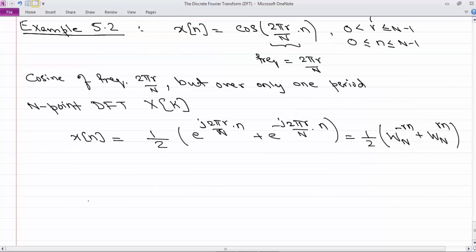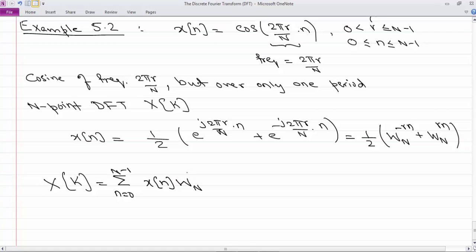And now we can use the DFT expression. So let's now use X of k equals the summation n from 0 to N minus 1, x of n, W_N to the kn.